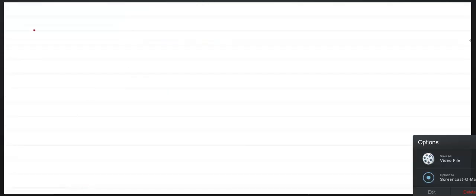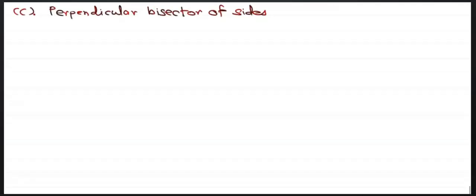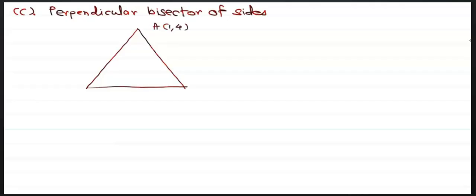Now the next is the perpendicular bisector of the sides. Now see this, A, B, C are the points.